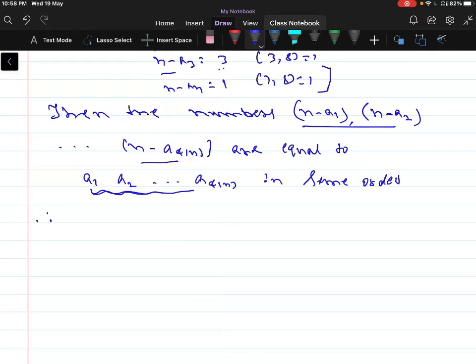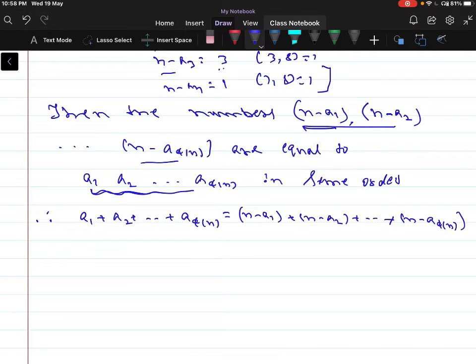Therefore the sum of the positive integers a1 to a pi of n, a1 plus a2 and so on plus a pi of n, must be equal to n minus a1 plus n minus a2 and so on plus n minus a pi of n.